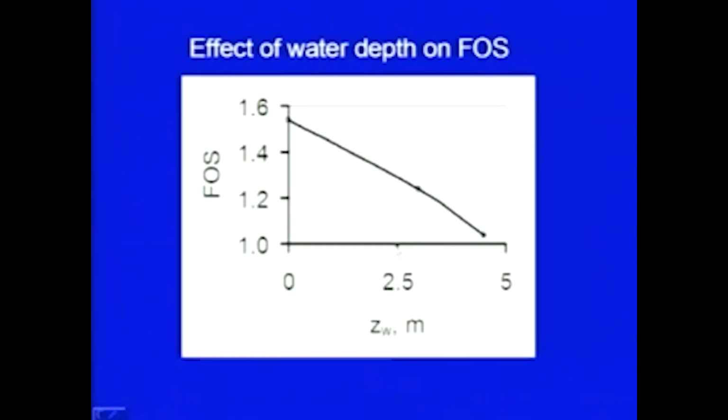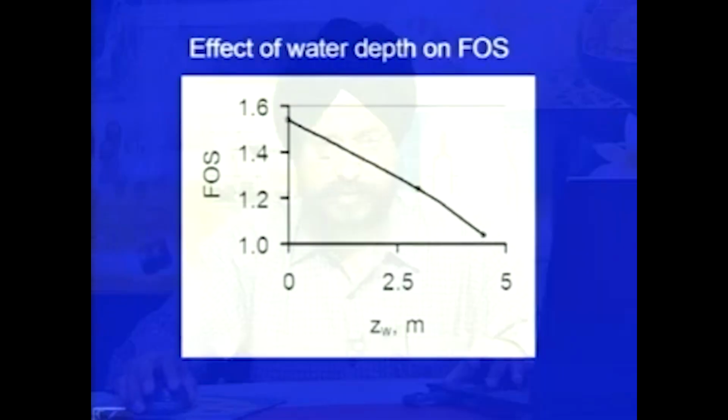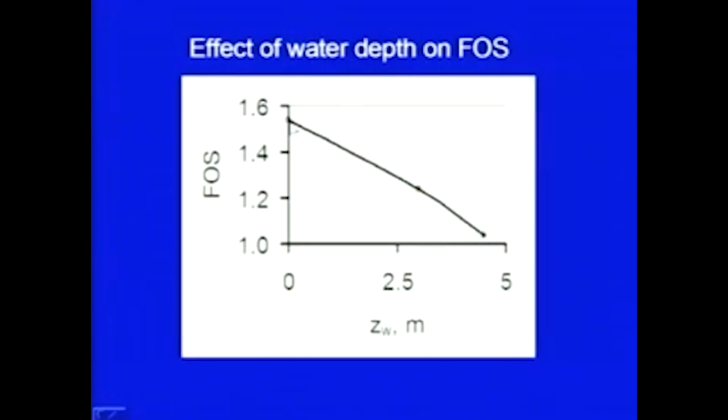So, 0, 2.5, and somewhere it is 4.5, the maximum depth, and you can see the factor of safety is varying from 1.5 something, from this much high value, and it goes on reducing, and becomes very small somewhere here.